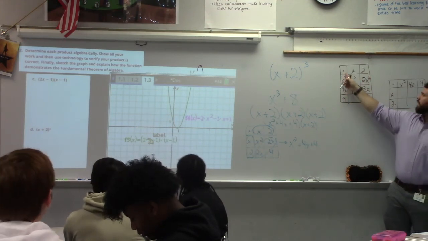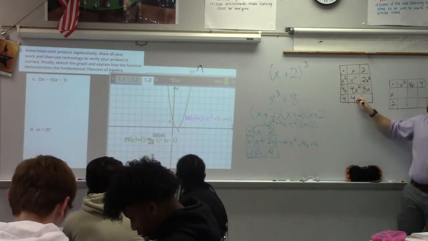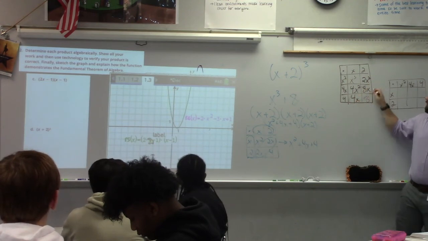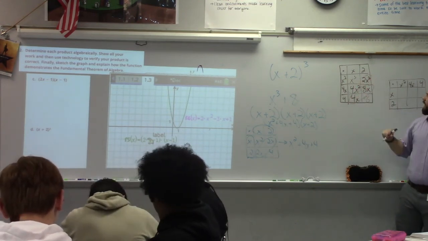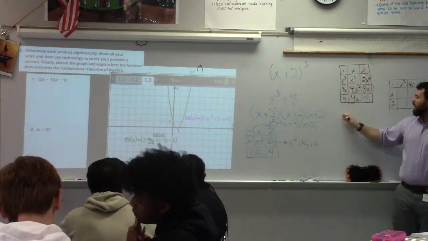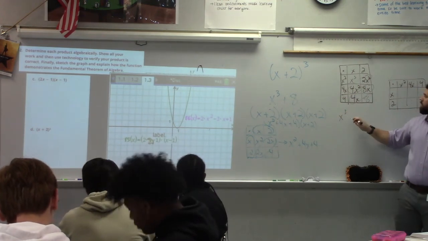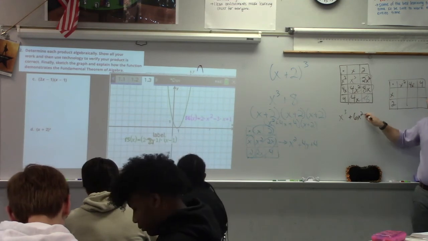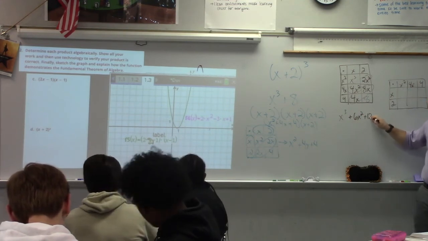All right, 4 times x, 4x, and 4 times 2, 8. All right, I just circle my like terms, go ahead and add those together. So I start with my highest power, x cubed, plus 6x squared, plus 12x, plus 8.